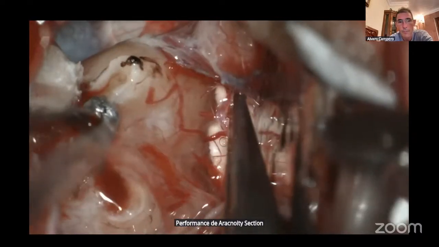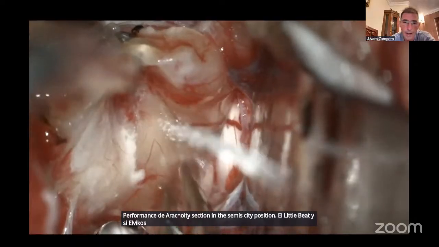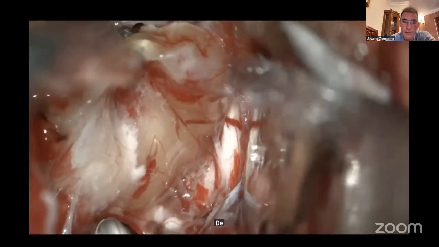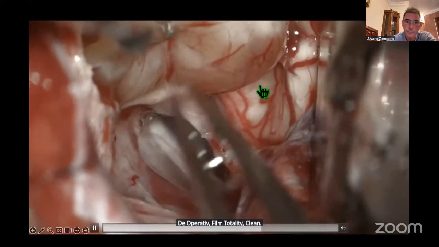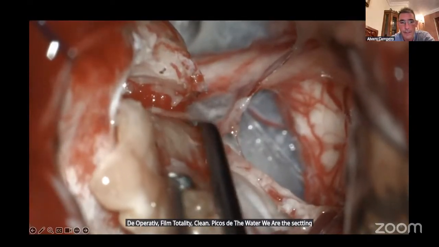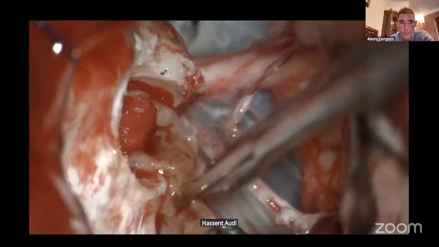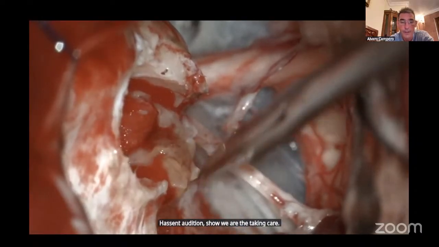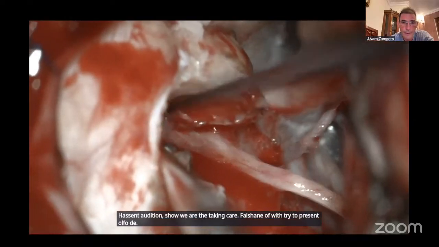In a semi-sitting position it is a little bit easier because the operative field is totally clean all the time, because of the water. We are dissecting the facial nerve. The patient has no hearing, so we are taking care of the facial nerve. Of course, we try to preserve the cochlear nerve also.